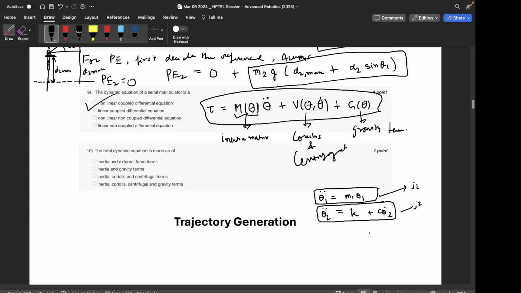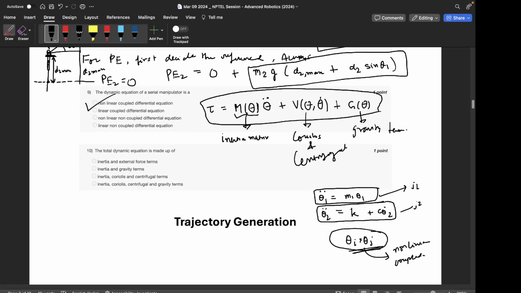There is no coupling, that is, there are no terms in which these thetas are multiplied together. Once terms like these appear, then we say the system is coupled, and this itself leads to a nonlinear system. So once terms like these appear, it has already become a non-linear coupled system.